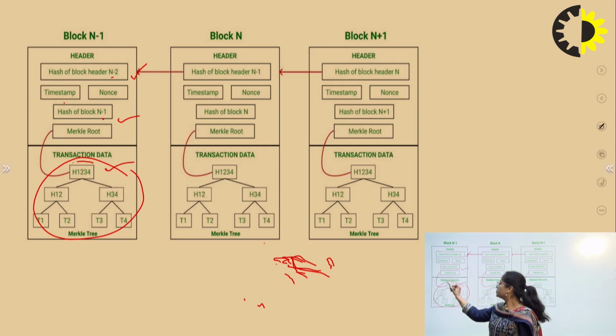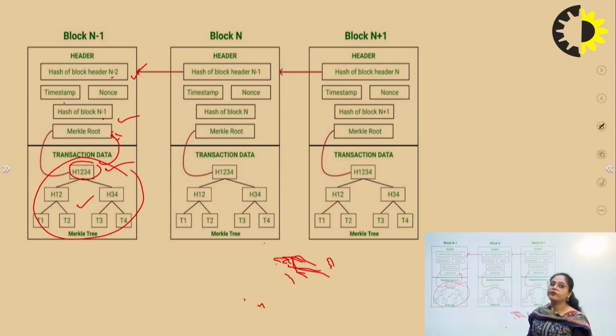This root node is stored here in the Merkle root, which shows all the transactions happening here. So this is the whole structure of a block, linking to one another.